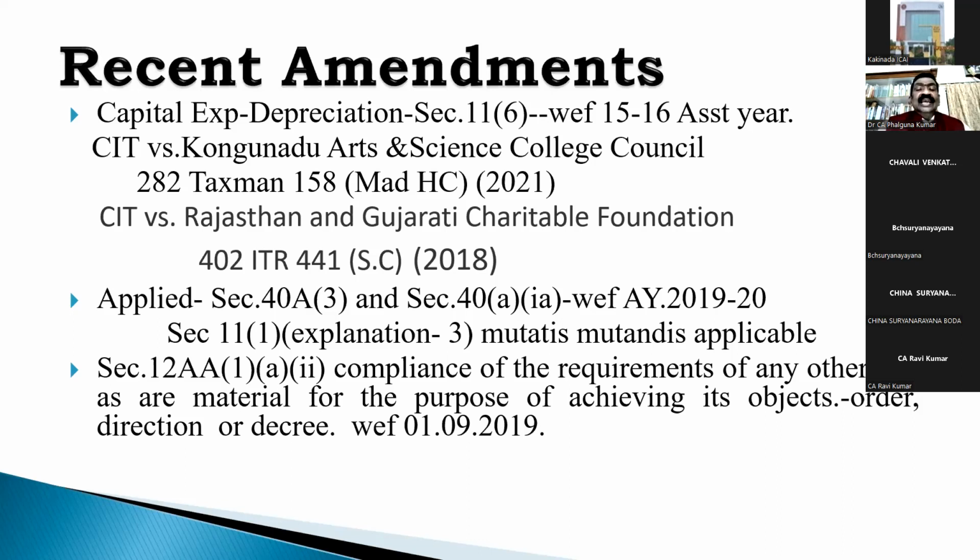If you acquire an asset like a building, depreciable asset, furniture, vehicles or other equipment, from the current year income it is deductible once, and again you were claiming normal commercial depreciation as per accounting standards. The decision was to put a full stop from assessment year 1516: for those assets whose cost has been claimed as application, depreciation shall not be allowed.